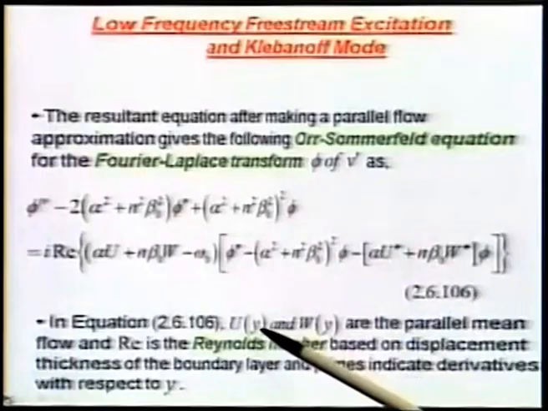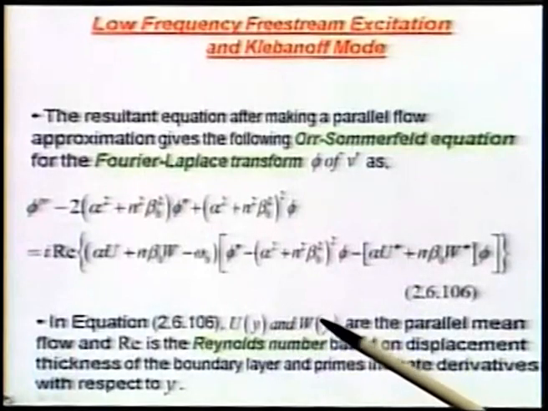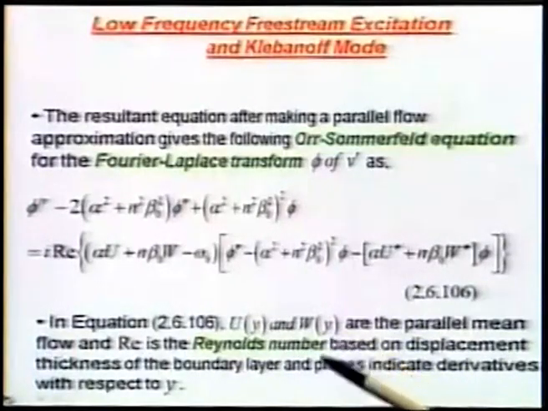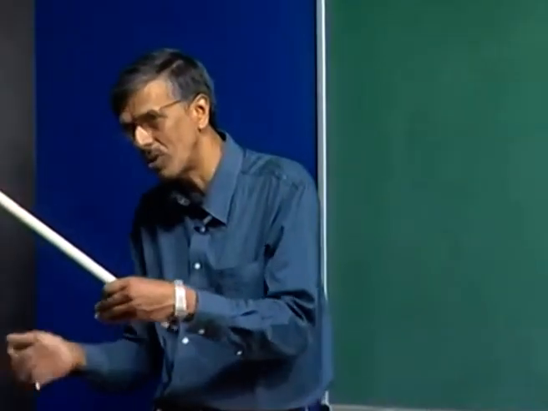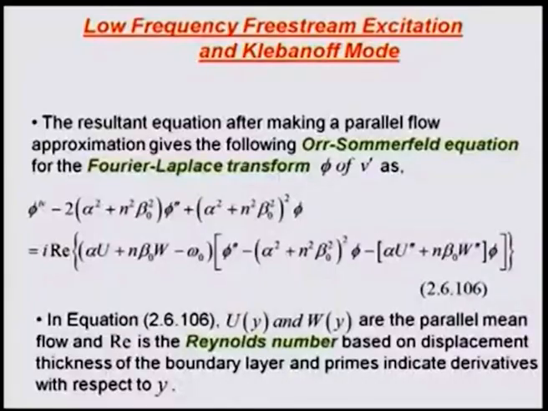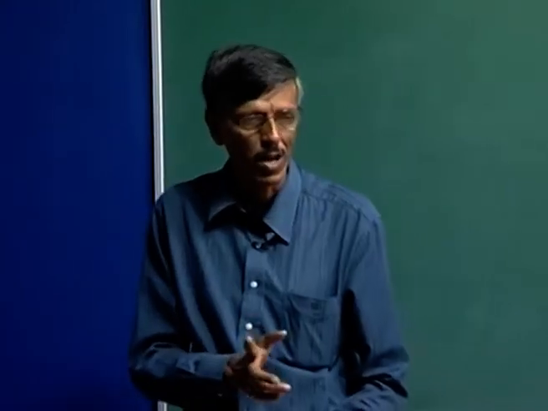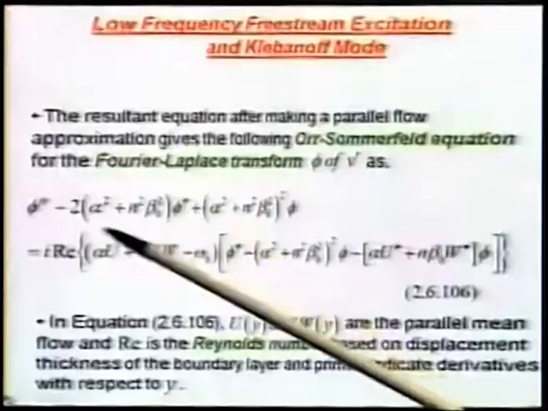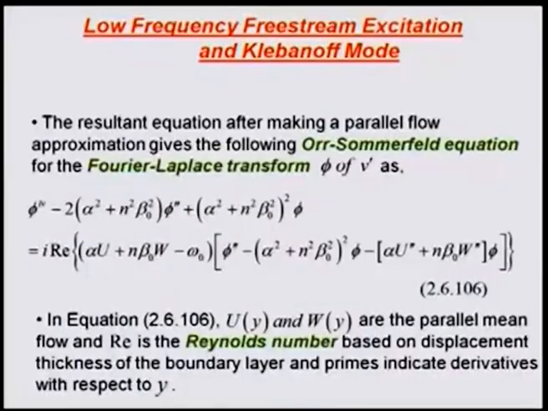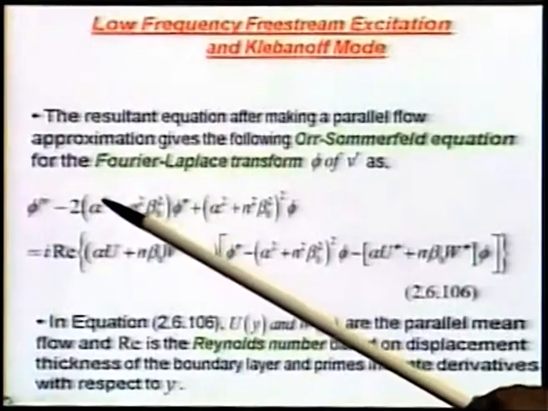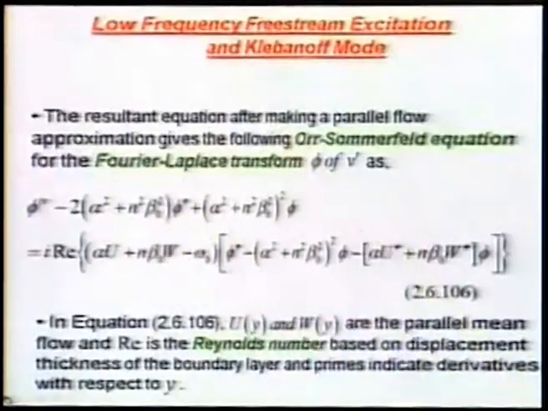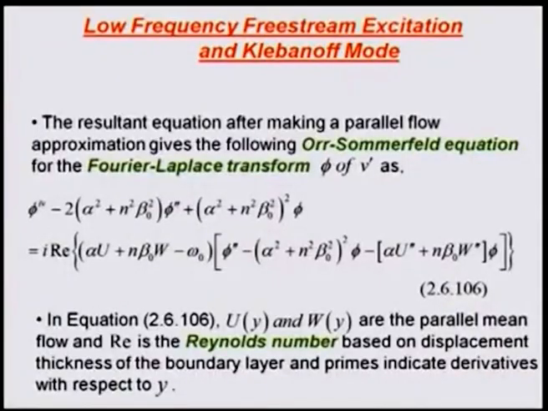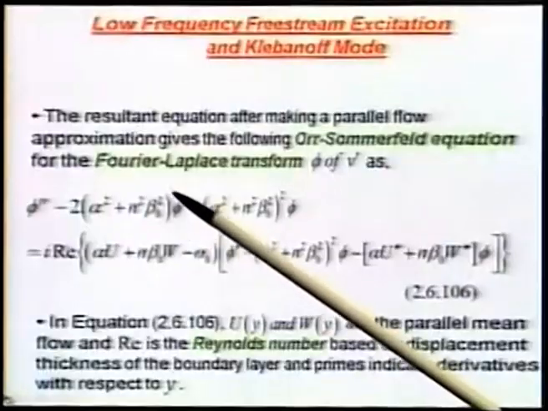The mean flow is 3-dimensional because you have u of y and w of y, which you can split into streamwise and cross flow components. The disturbance field is 3-dimensional: the amplitude is a function of y, the x variation is given in terms of alpha, and the z variation in terms of beta.